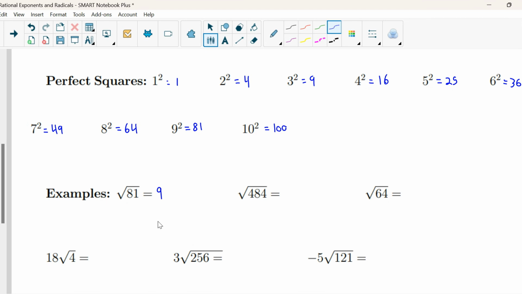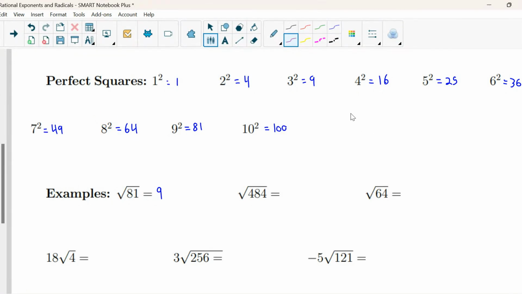So for an example like this, where maybe you are unsure if it's a perfect square, you can either work it out by hand, or if you were able to use a calculator, you could do that too. First, let's think about what's a perfect square that we know that is close to 484. So what's 20 squared?